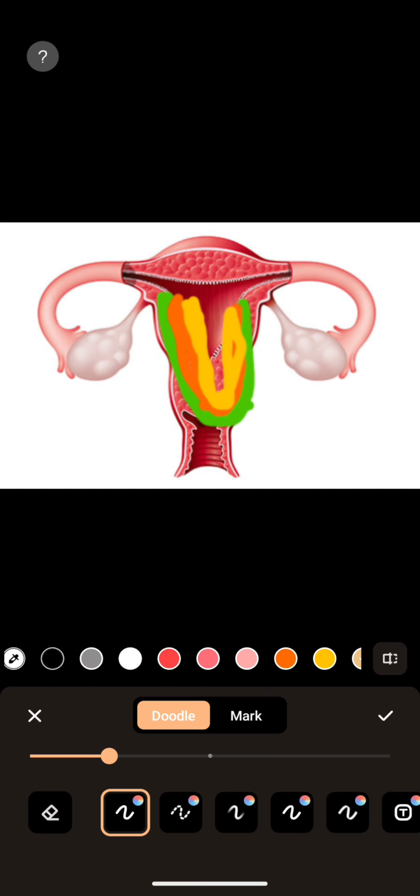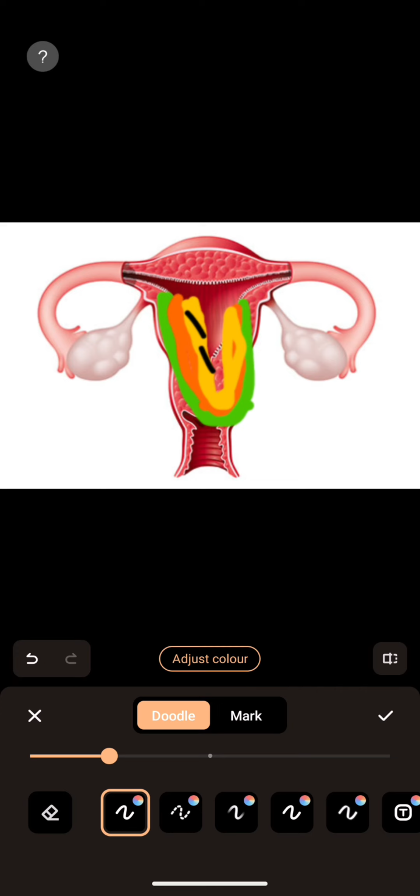The spongy layer is the layer which lines or covers the functional layer. So these are the 3 layers of the endometrium. The functional layer, basal layer and spongy layer are the different layers of the endometrium. Endometrium is the innermost layer of our uterus.